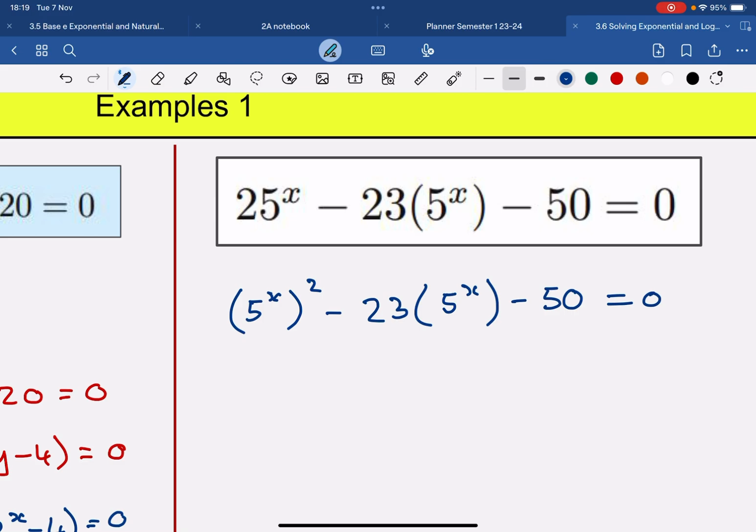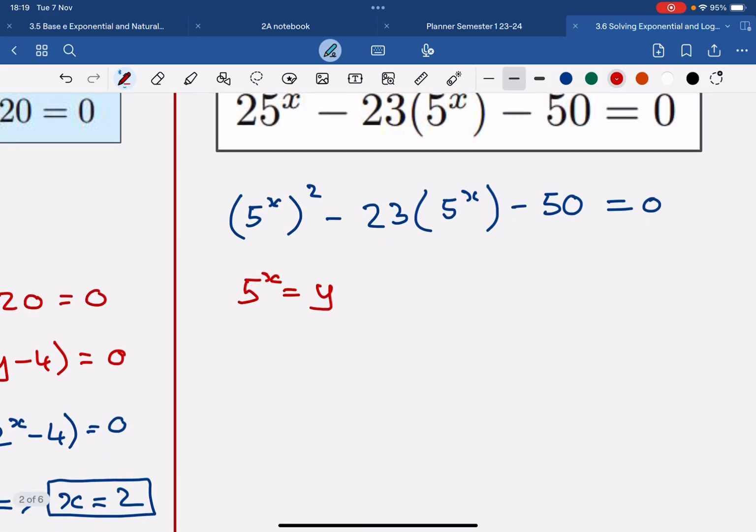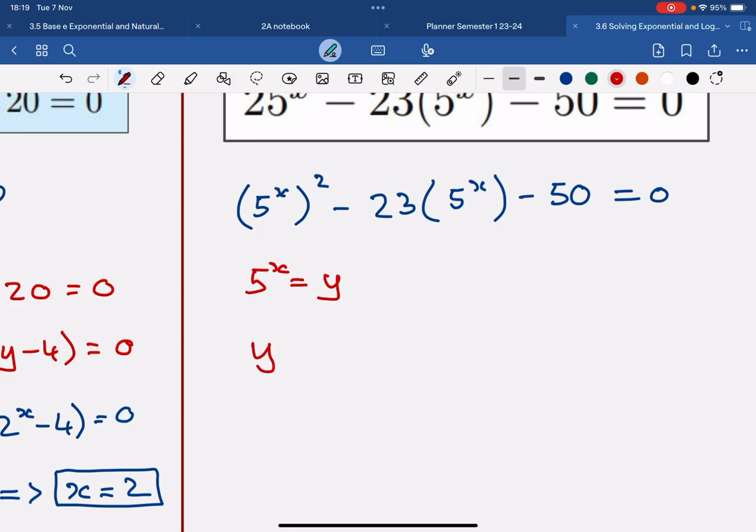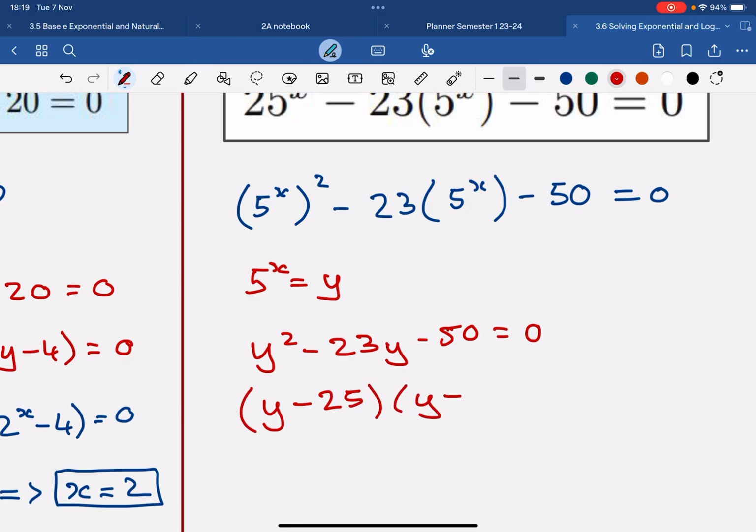I'm going to replace 5 to the x with y. So it becomes y squared minus 23y minus 50 equals 0. I'm going to factorize it and make it y minus 25 and y plus 2.